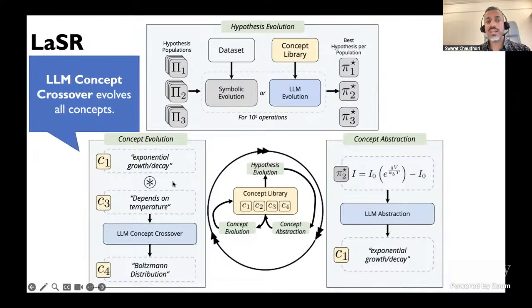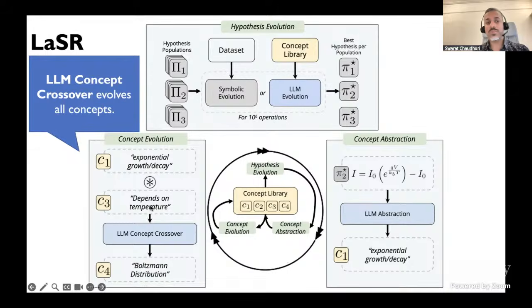Then the concept evolution process is just like the hypothesis or program evolution process, except it now uses an LLM to combine, mash up these different concepts into a new concept. For example, here you see that exponential growth or decay is one concept.